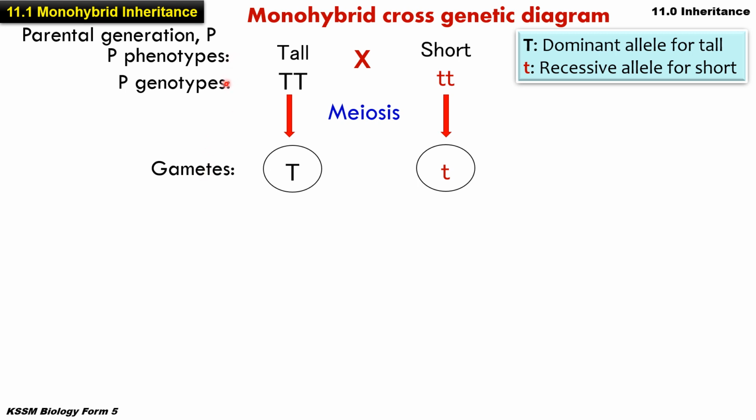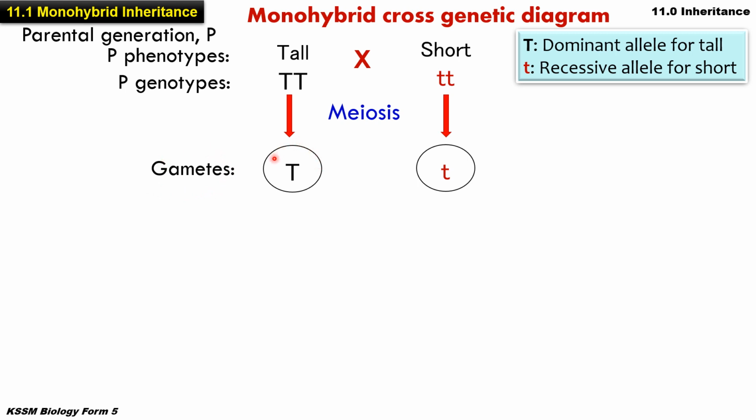Ni PowerPoint ni saya ingat sikit, tapi you buat sama-sama lah dalam buku rampaian tu. Okay, so capital T. After meiosis, dia akan jadi T besar. Maknanya 2N become N. T kecil become satu saja T kecil. Okay, so this one is the gamet.